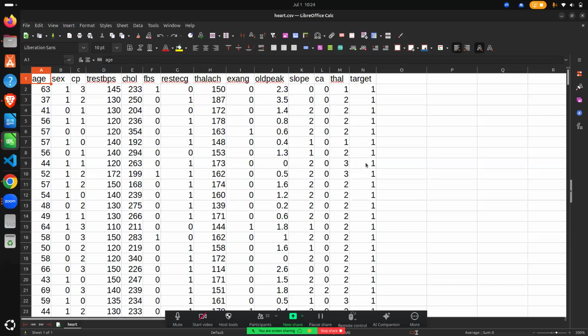Now, with this data, you don't have what you're using as your target data, unless you random state it. So you see here, we have age up to, so we are using all this data.